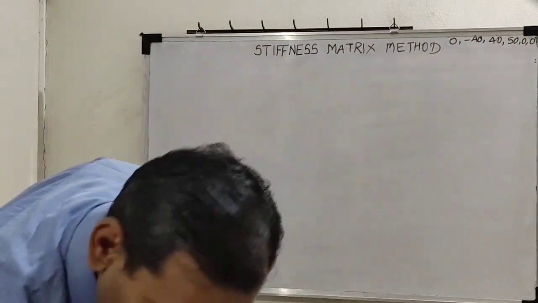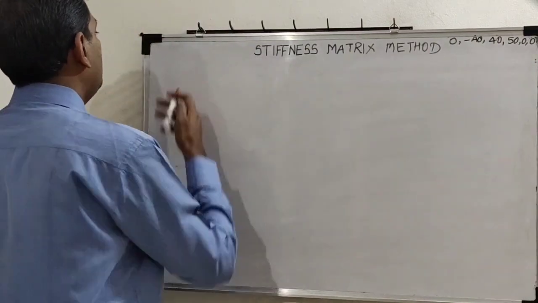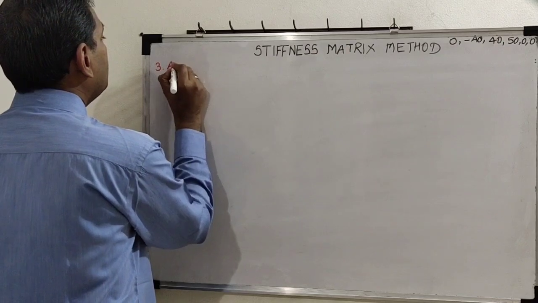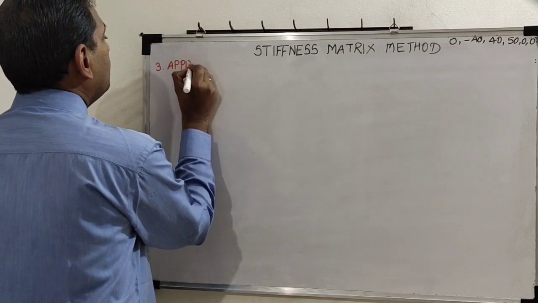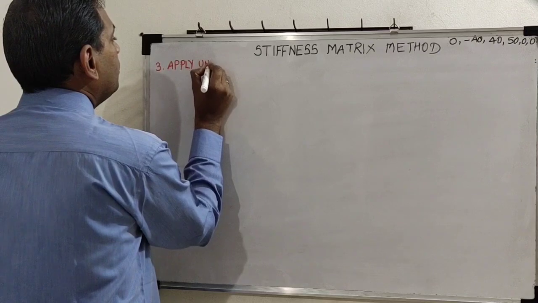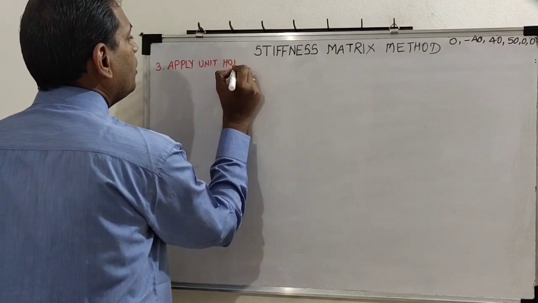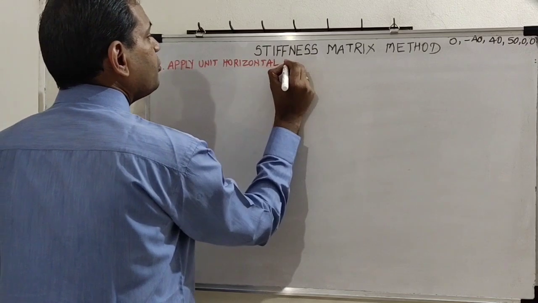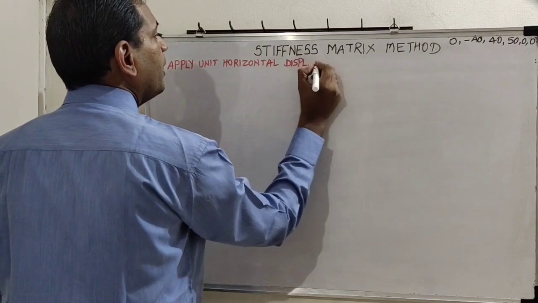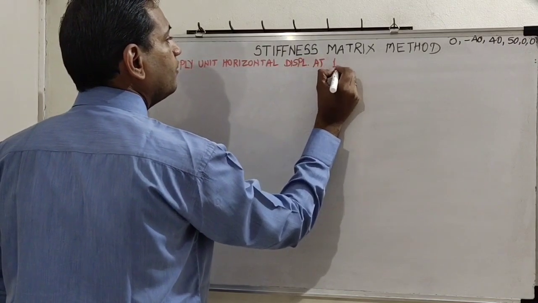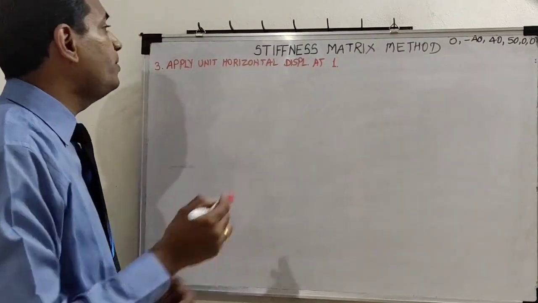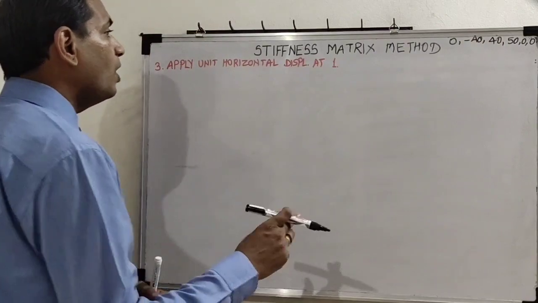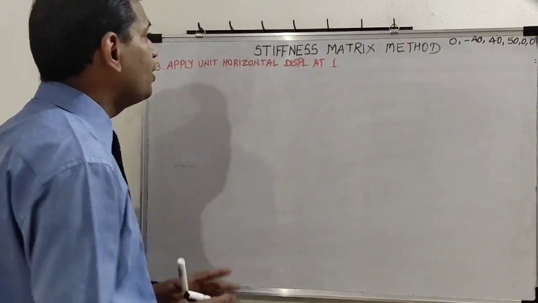So step number 3 or 4, whatever is the number, apply unit horizontal displacement at 1. This will be your first unknown, which we are making 1. Other unknowns we are making 0.